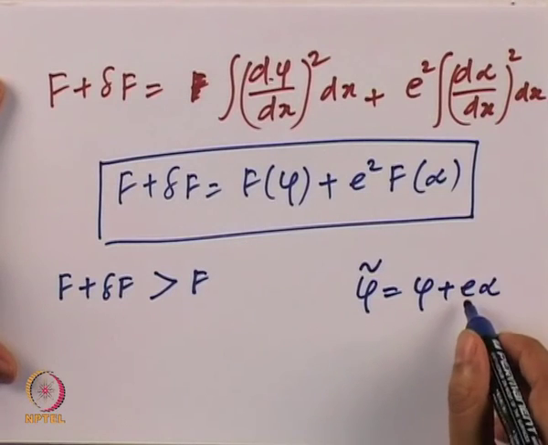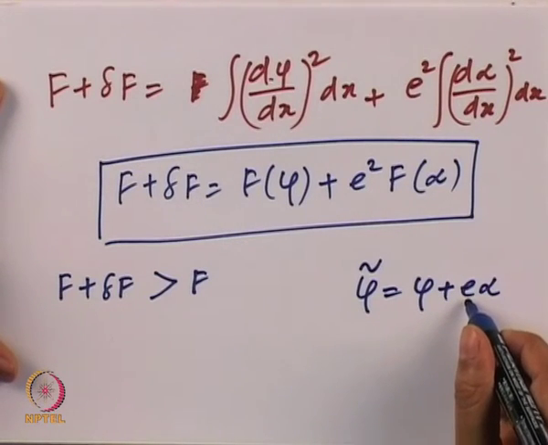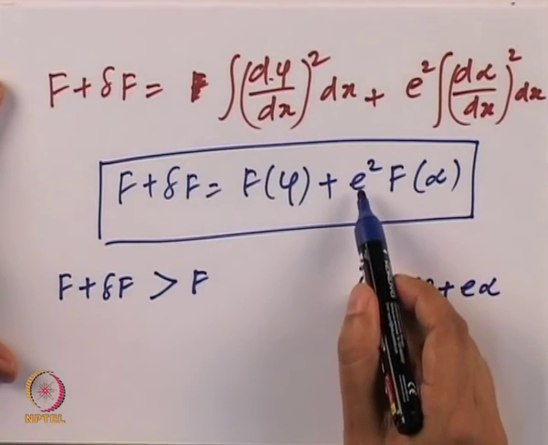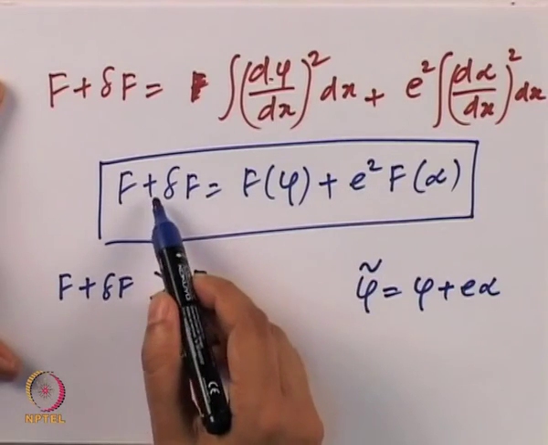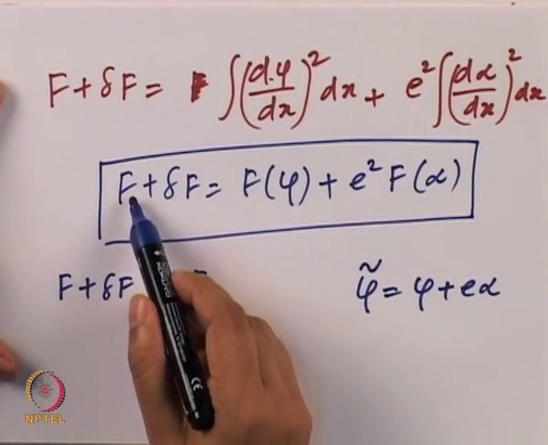Here the dependence is on e, so the error will be more, whereas here the error will be much closer to the value of f that we are interested in.